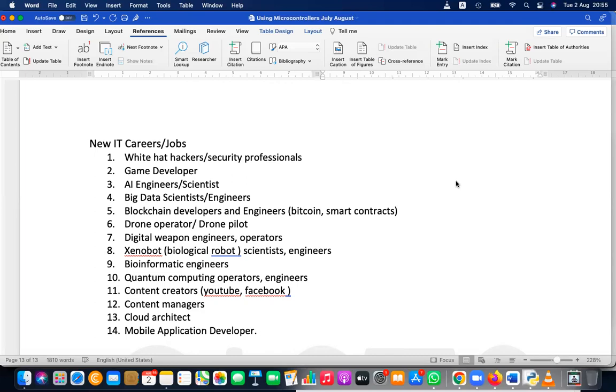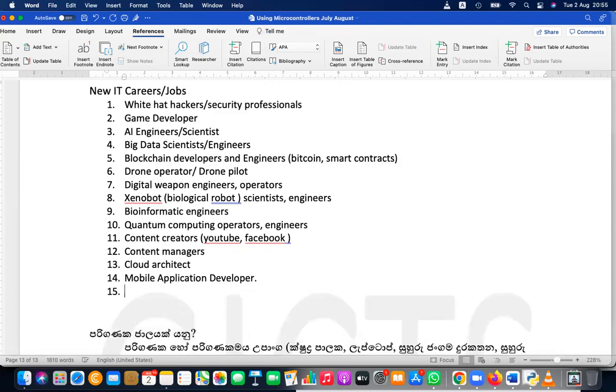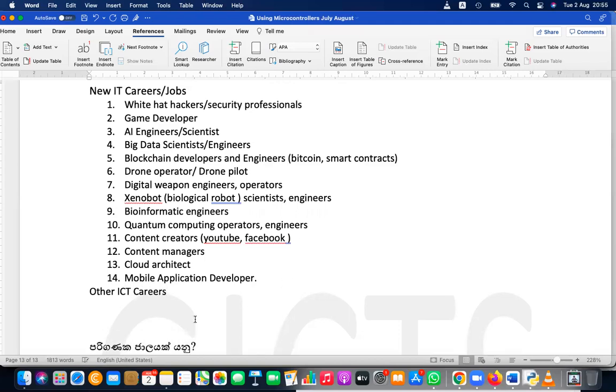I just skipped that. Those jobs are also there. These are much older, right? So these are other ICT careers. These are not new, but you can add these careers, and please add them as other ICT careers.